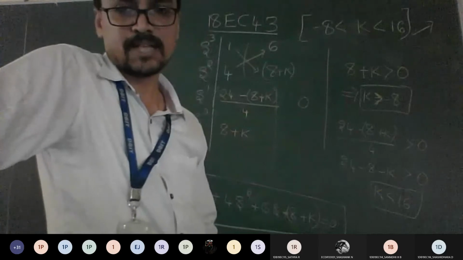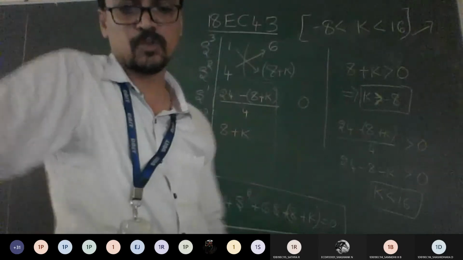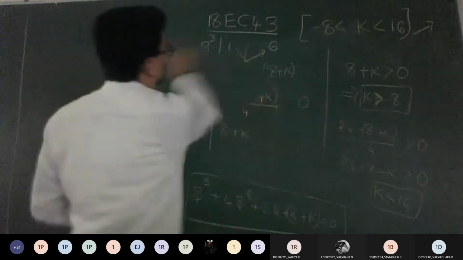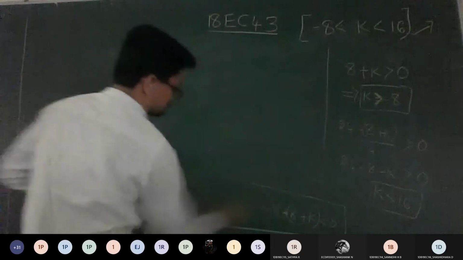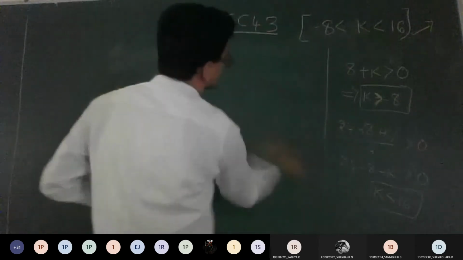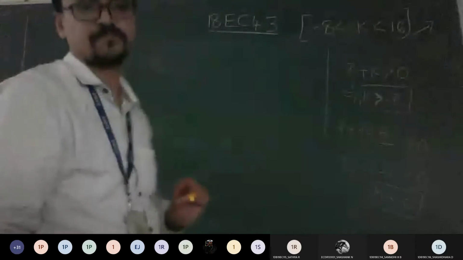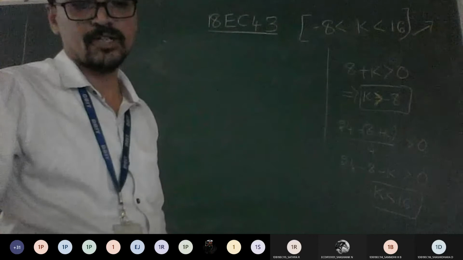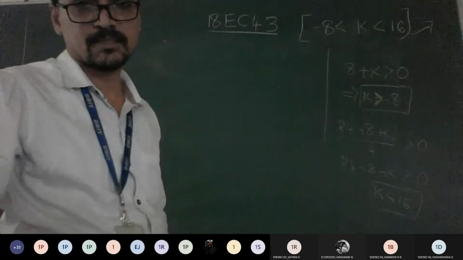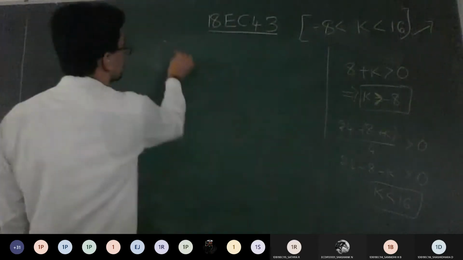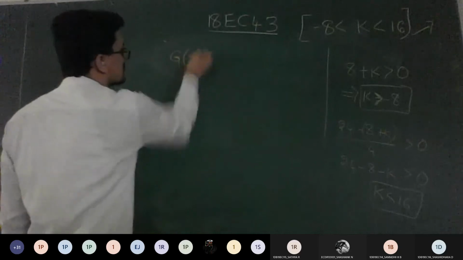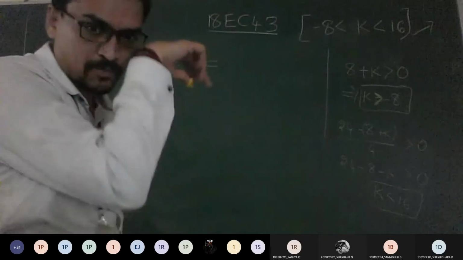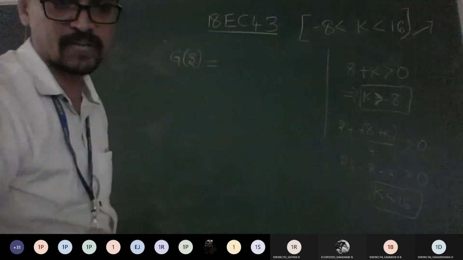The open loop transfer function of a unity feedback system is given with G(s) equals, either they can give a diagram like the previous problem or directly they can give the G(s) value, what I am writing now.